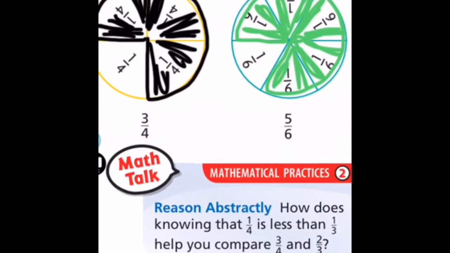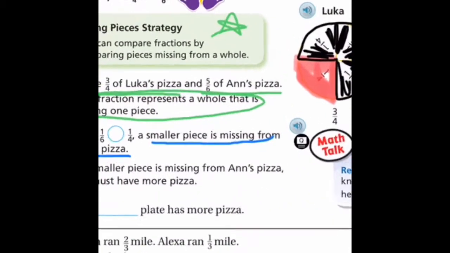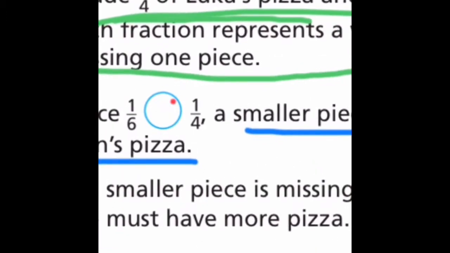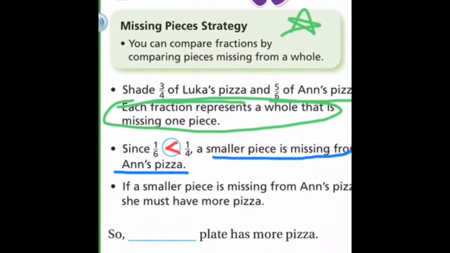I'm going to highlight this 1/6 in red, compared to the 1/4. And that 1/6 is smaller than the 1/4. You can see that, right? So the 1/6 is less than 1/4.